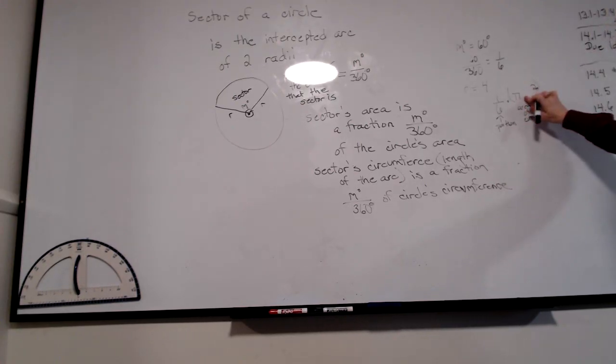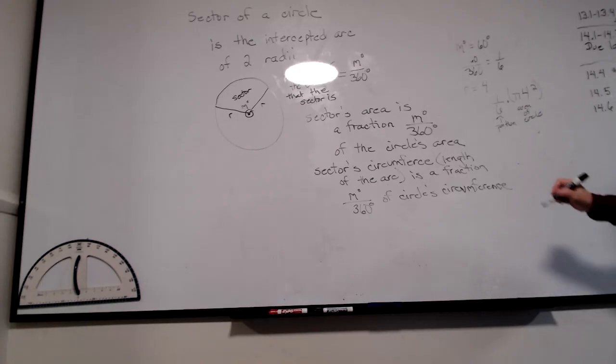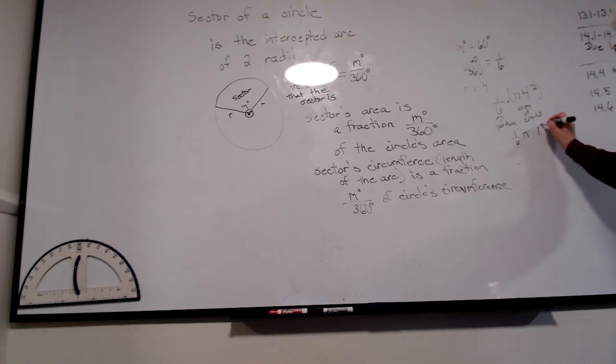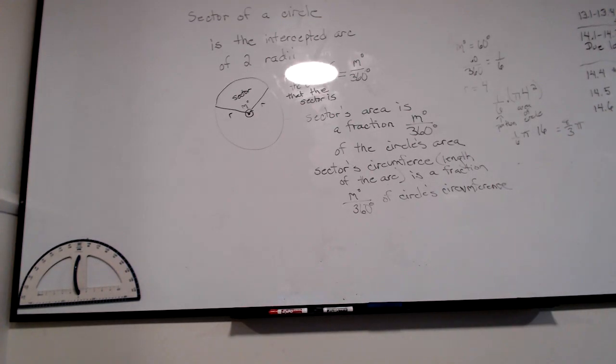So we put 4 in there and get 1/6 pi times 16. Reduce this and it becomes 8/3 pi. So the area of that sector is 8/3 pi. Hopefully you can follow that I reduced by 2 and 2. The main thing is you have to find out what fraction it is.